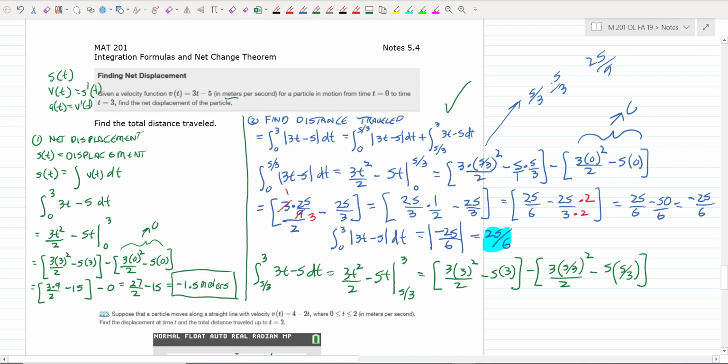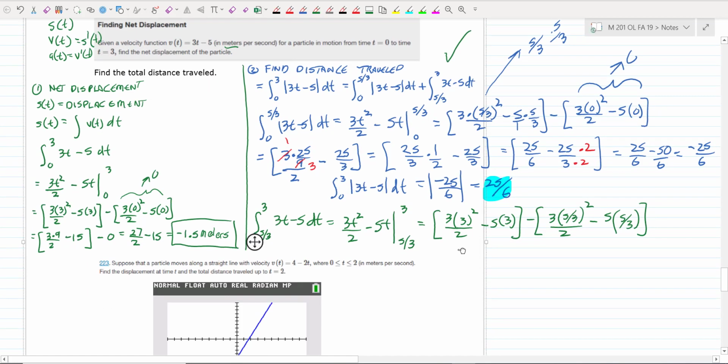So this is going to be 3 times 9 over 2, 3 squared, minus 15. Over here, like what we did before, you can just write this as 3 halves. And then (5/3) to the second is 25 over 9, and this part right there is 25/3.